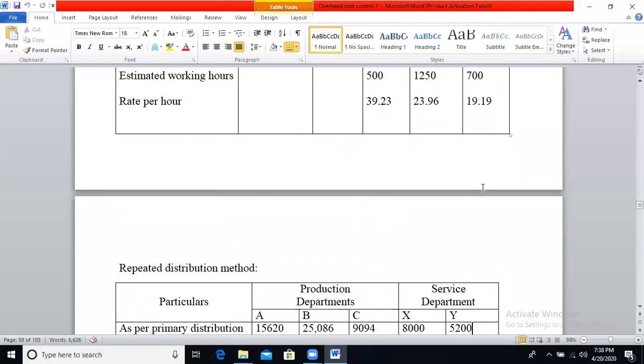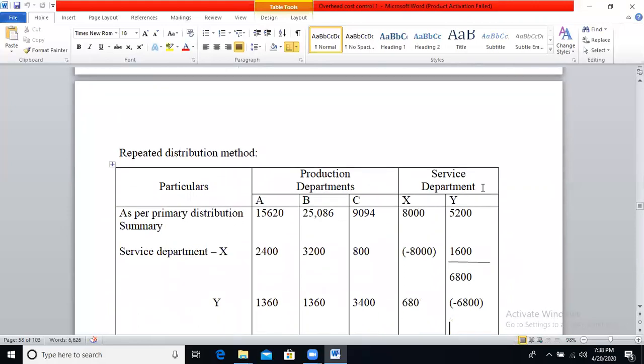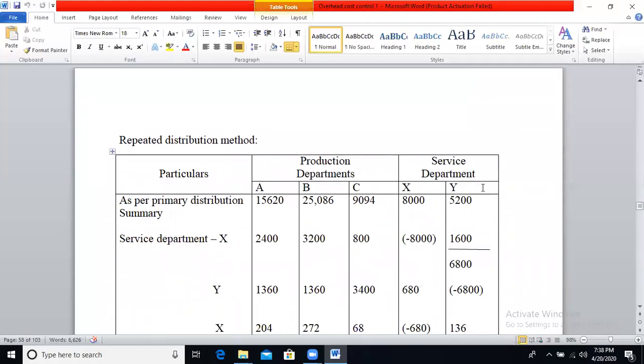Now, the next method is the repeated distribution method. According to the repeated distribution method, repeatedly you have to reapportion the service department values to all production departments and also to the remaining service department. So first, consider the values as per the primary distribution summary. Department A 15,620, department B 25,086, department C 9,094, department X 8,000, and department Y 5,200.